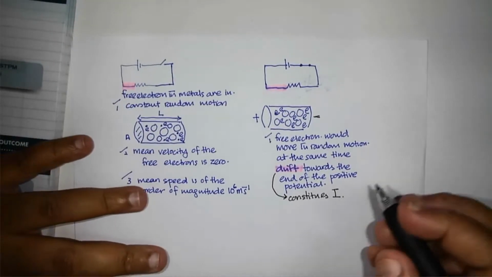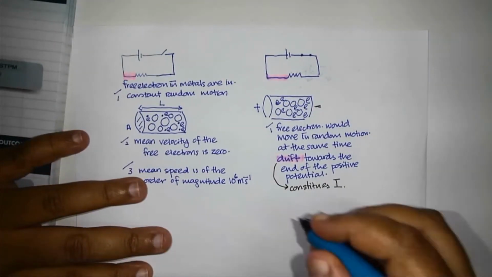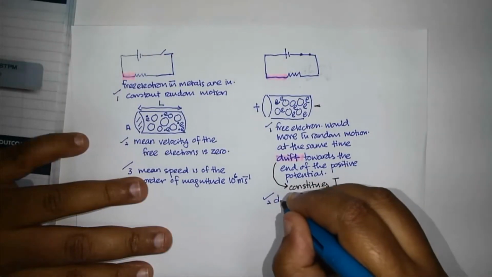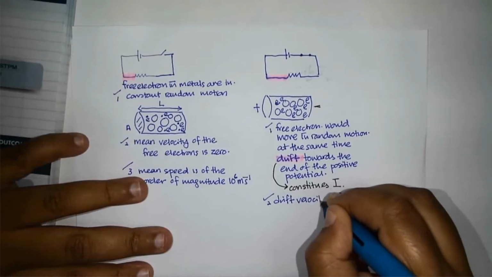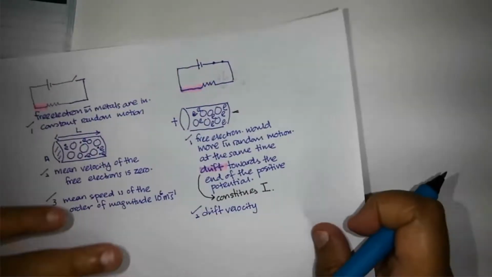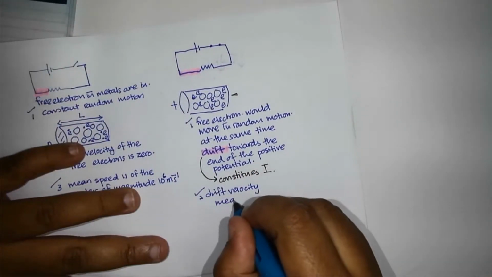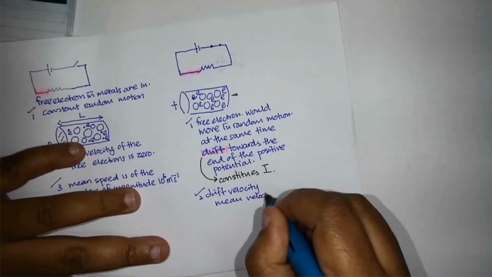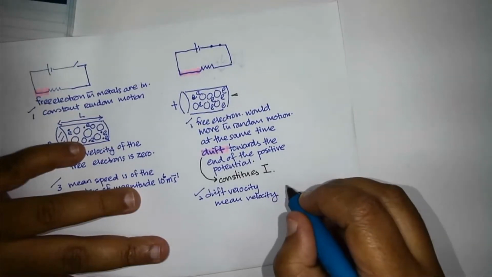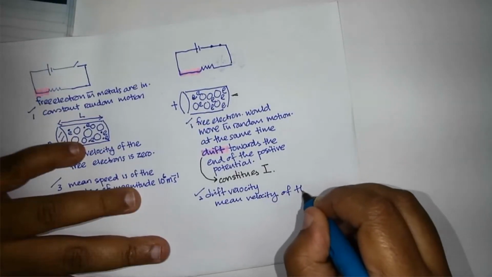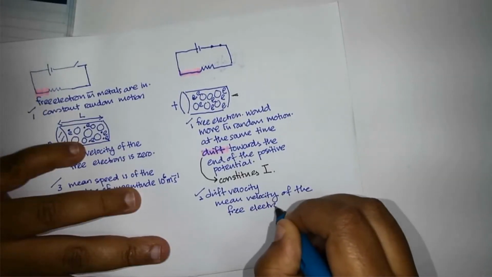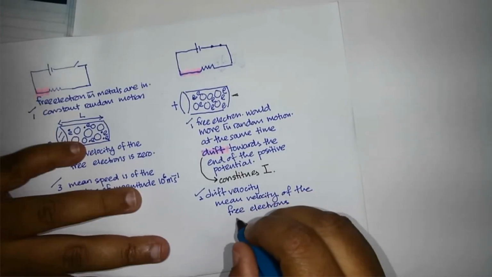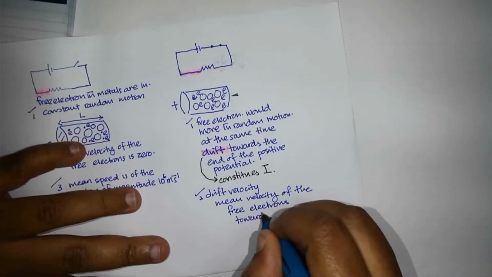So what is the drift velocity? The drift velocity is called the mean velocity of the free electrons towards the positive potential.